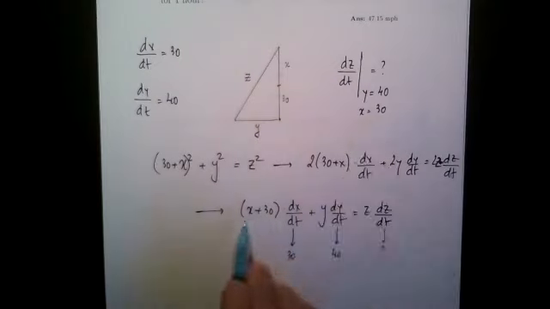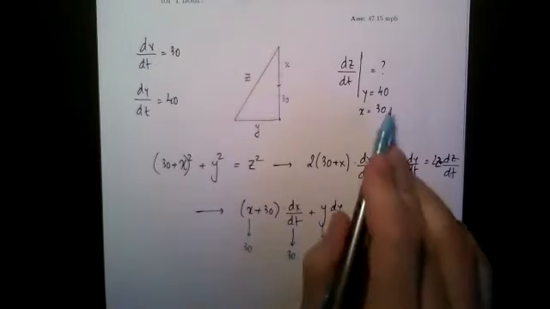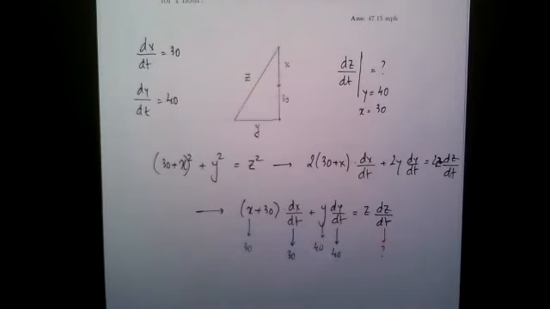x is 30, it's given. y is 40, it's given. So the only thing I need now is z. What's the value of z when I'm taking the picture?